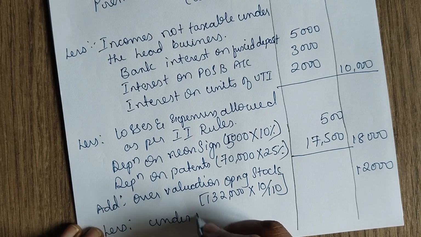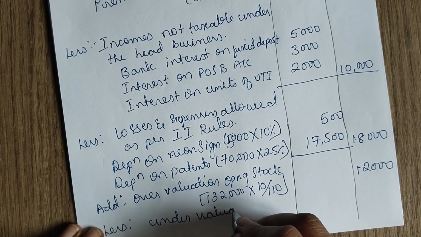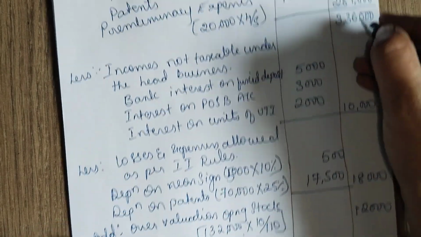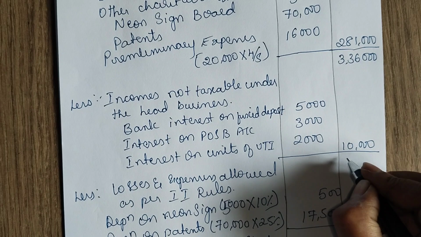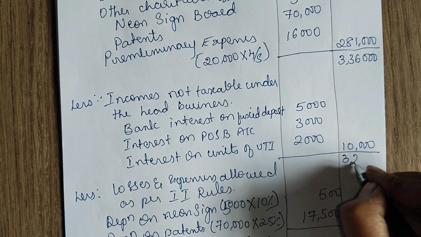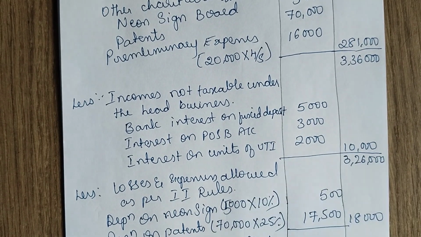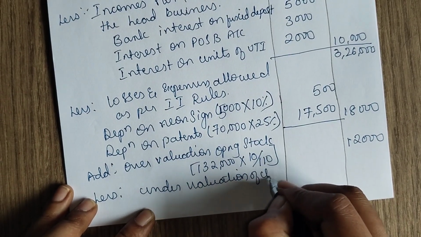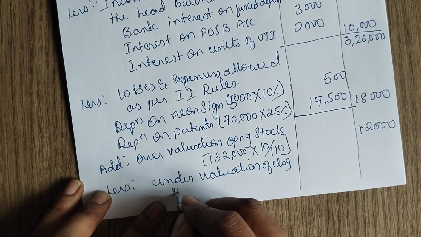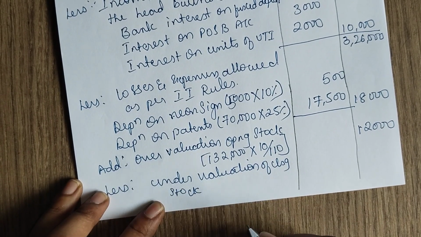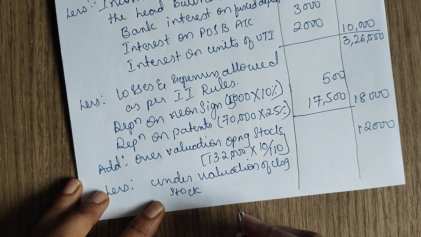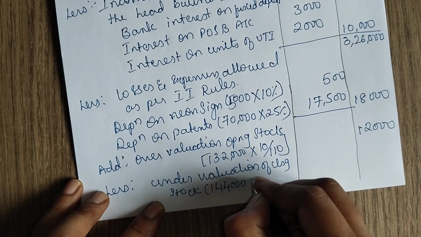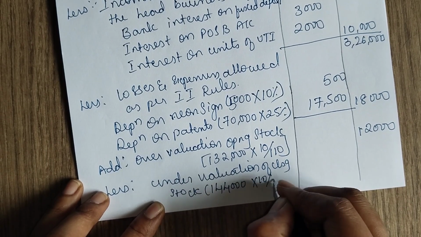Then less undervaluation of closing stock. 1,44,000 into 10 by 90, undervalued.